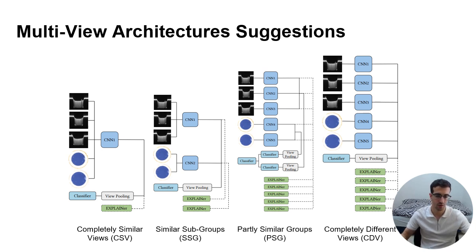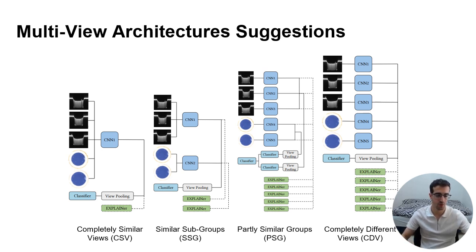In our case, obviously this is not true, since we can see that the profiles and the top-bottom pictures are visually different. The second is similar subgroups, or SSG, where we assume that we can split the views into subgroups.